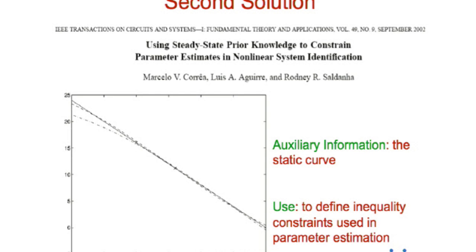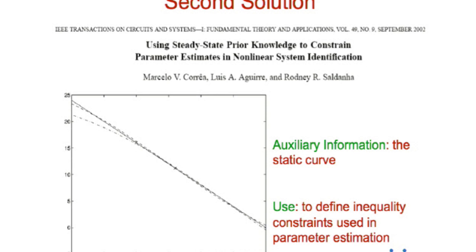So you say, okay, I cannot depart from the known line by more than an epsilon that you decide. So you decide an epsilon and you remain close. Okay? So this was the first solution, this is the second one, so much closer. Of course, it costs more. And now we estimate the parameters in such a way that these inequality constraints on the parameters are satisfied.